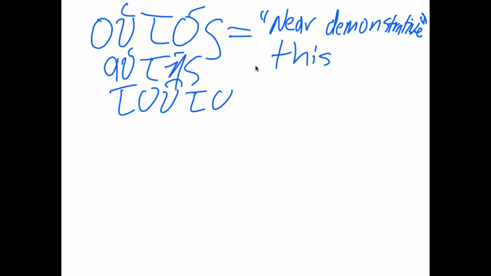The reason I say it's technically the near demonstrative is whenever we start learning the different forms, it also is the word for these whenever you start changing the form of it. But hutas itself means this. This. Oh, this. Or this.